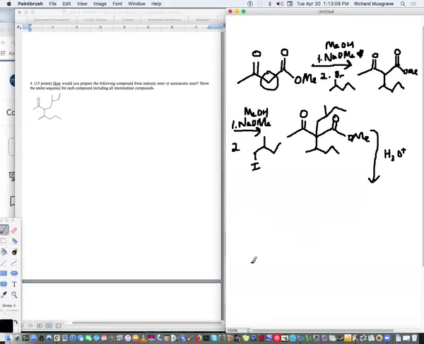Well, let me see if I can help you figure out the problem here. I'll redraw it. I guess I was a little bit lazy, but I'll redraw it here. Okay, so these are the groupings.